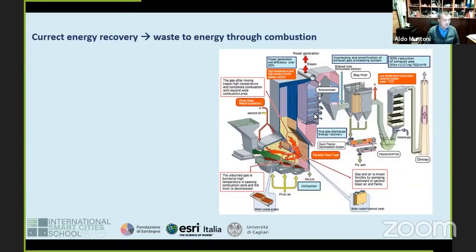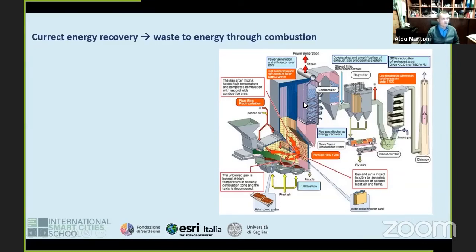And this is because the gas produced by the combustion of the waste are rich in compounds which are able to corrode the boiler. Okay, so there is a strong corrosion of the metallic part of the boiler.